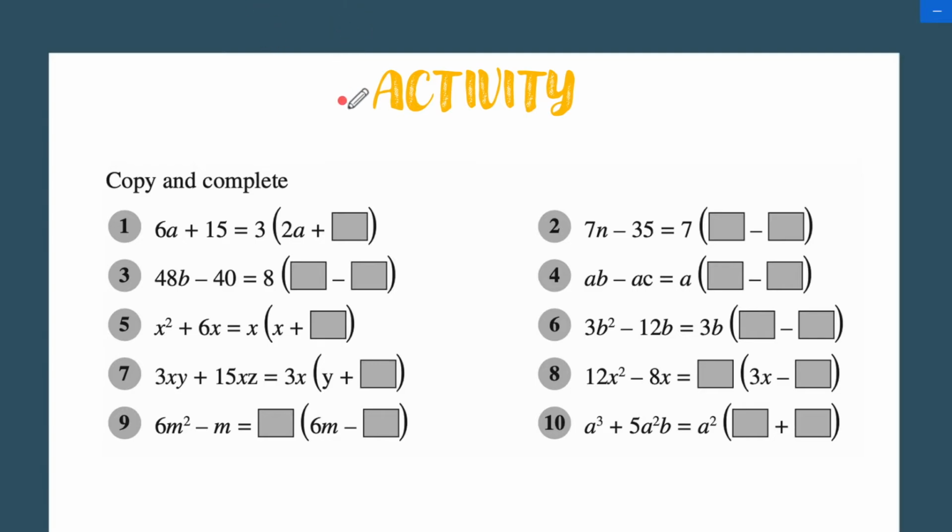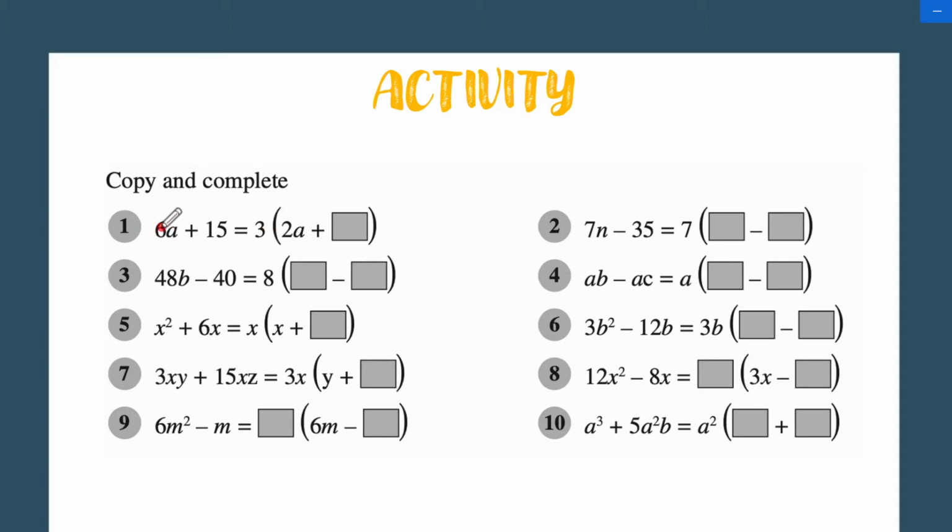Okay, and now let's have a look at this. So they already mentioned that you have to factorize a 3. Okay, and if you want to find out what's left when you factorize a 3, basically you take each one of these numbers and you divide it by 3. So that's what they did here. Yeah, they did 6a divided by 3.